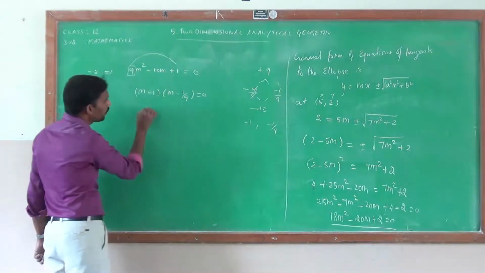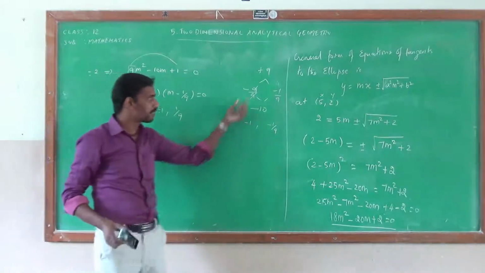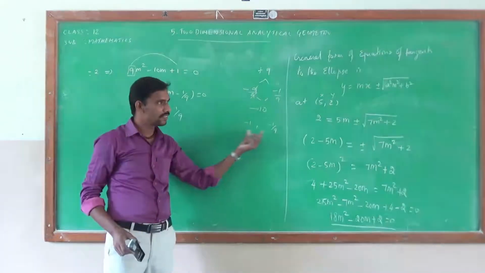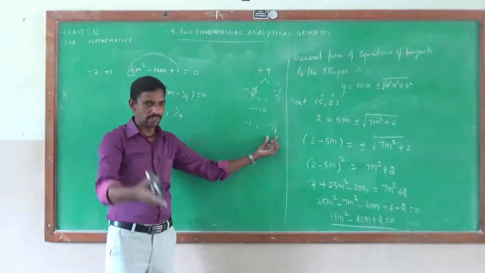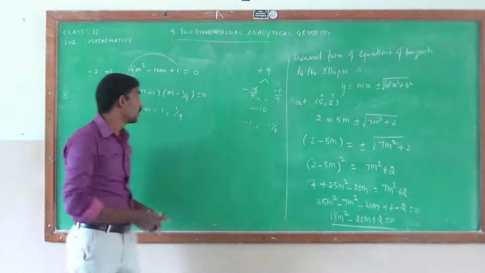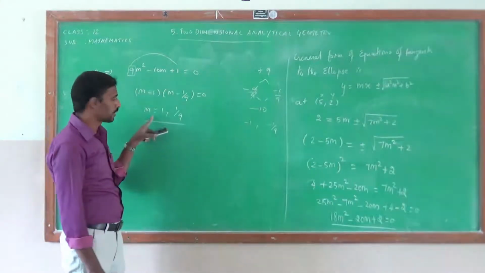Otherwise, you can take it directly by changing the signs: the exact answer has the opposite symbols, plus 1 and plus 1 by 9. Now we are getting the slope, that is m.